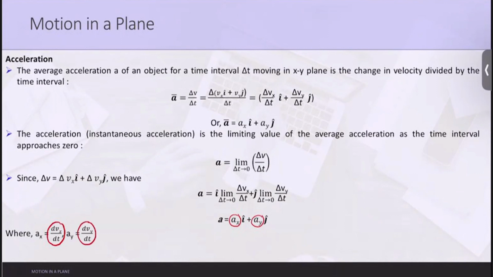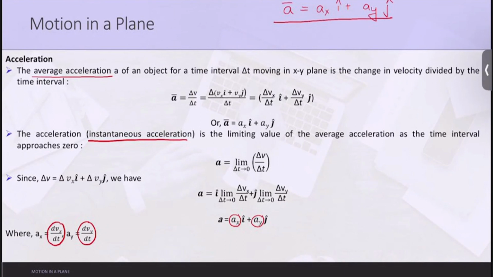If we are talking about average acceleration, then a is nothing but equal to Ax i cap plus Ay j cap. And even if you are talking about the instantaneous acceleration, then also a is equal to Ax i cap plus Ay j cap.